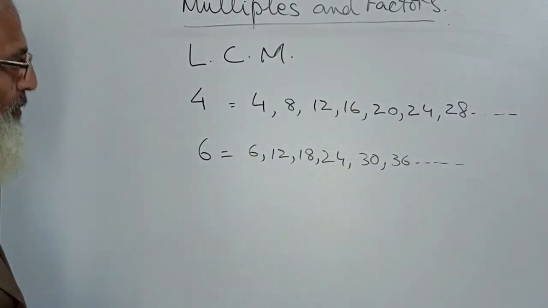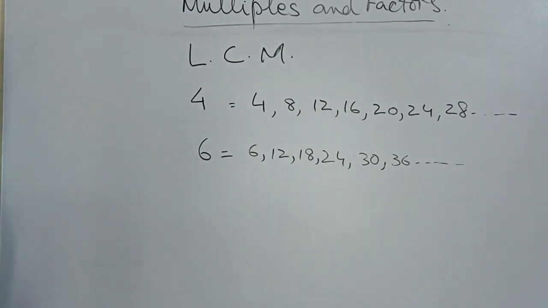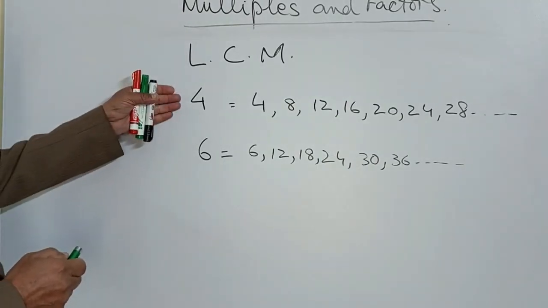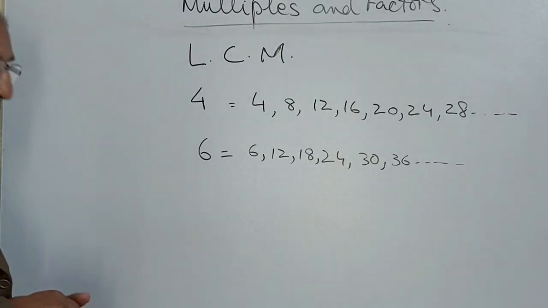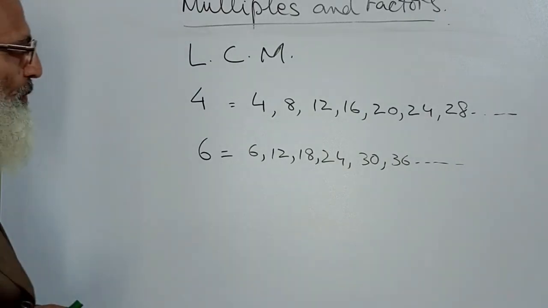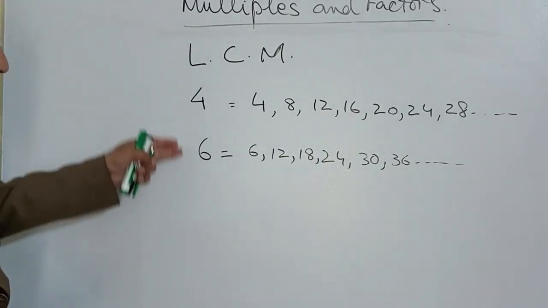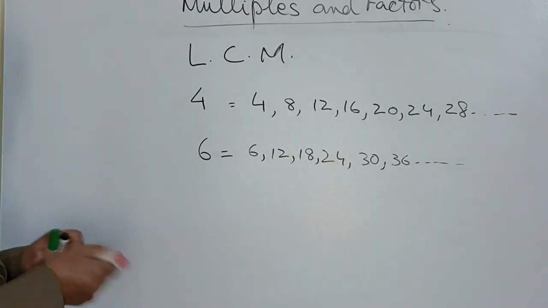Now, dear students, you can see that we have got one thing in common between the two numbers, the number 4 and the number 6, and that is 24. We got 24 here, we got 24 here, and that means this is the lowest common multiple between the two given numbers.